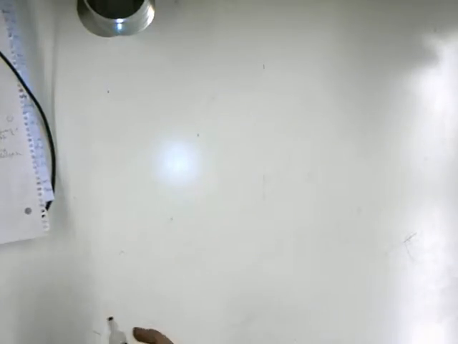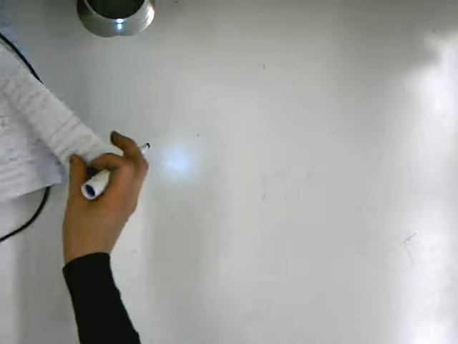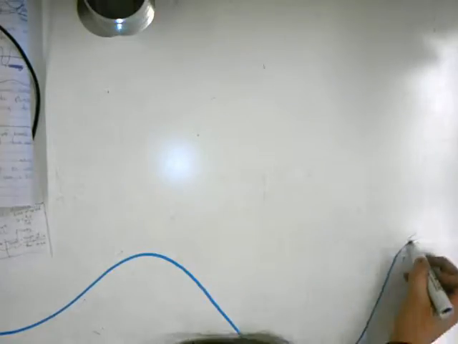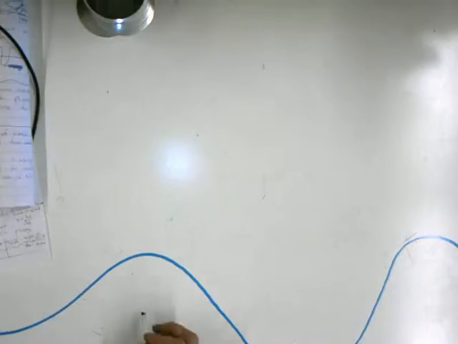So, here's the vocab. The coil starts here, goes up, goes down, goes up again. This is called the amplitude.